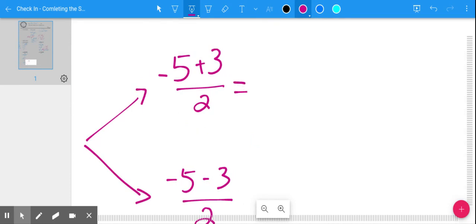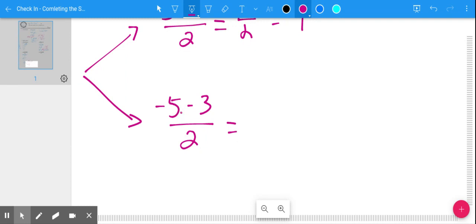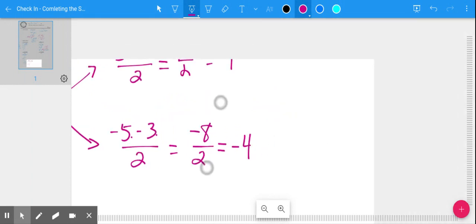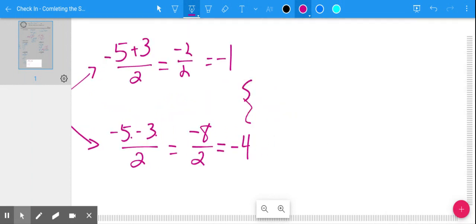So negative 5 plus 3 gives me negative 2 over 2. And negative 2 divided by 2 gives me negative 1. And then negative 5 minus 3 gives me negative 8 divided by 2, which is negative 4. So my solutions are going to be negative 4 and negative 1.